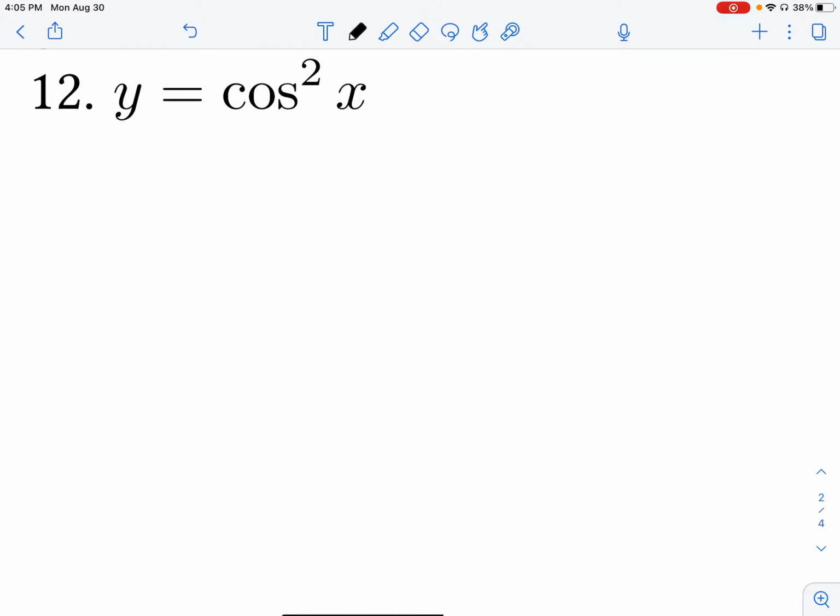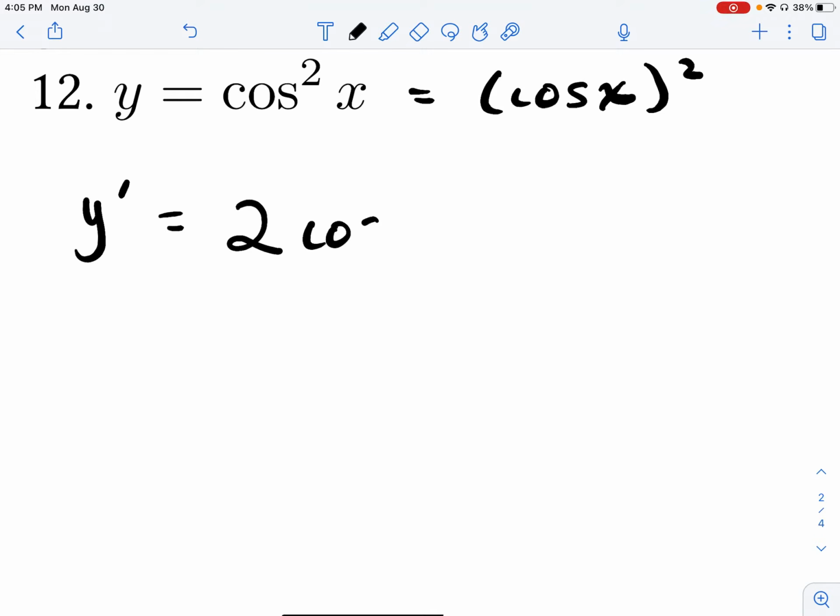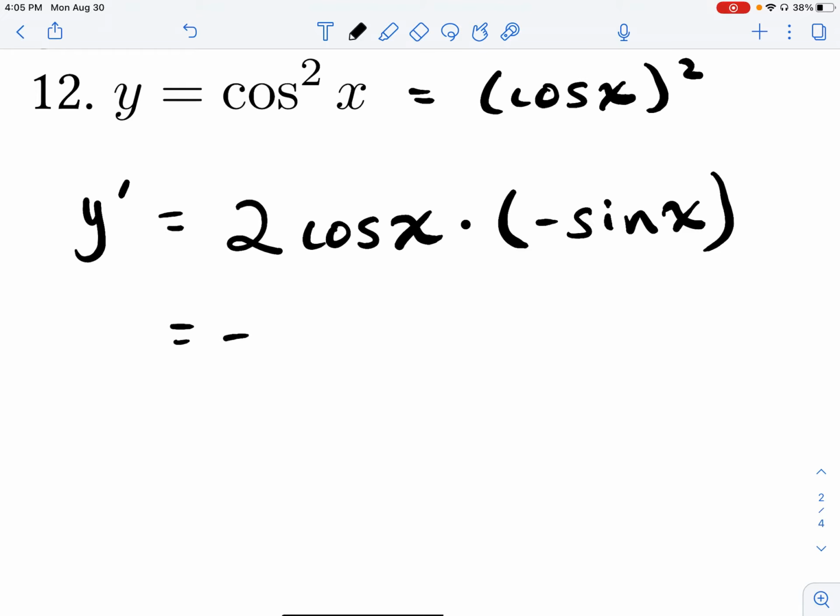Well, we can rewrite this as cosine of x, squared. So y prime would just very simply be 2 times cosine of x times the derivative of the inside. What's the derivative of cosine x? Well, that would just be negative sine x. So again, we can clean this up as negative 2 cosine x sine x.